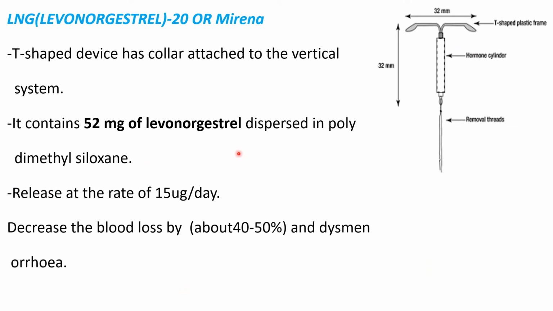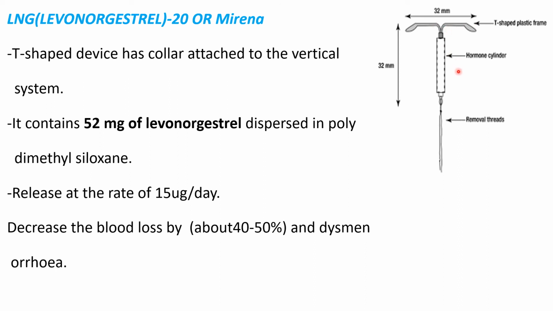Another example of a hormone releasing IUD is LNG. LNG stands for levonorgestrel 20, which is also called Mirena. It is a T-shaped device and has a collar attached to the vertical system. That is the hormone containing system or hormone containing cylinder. It is the T-shaped plastic frame.